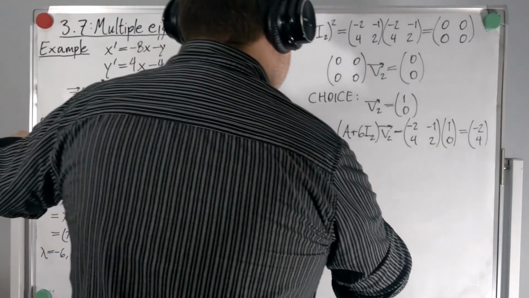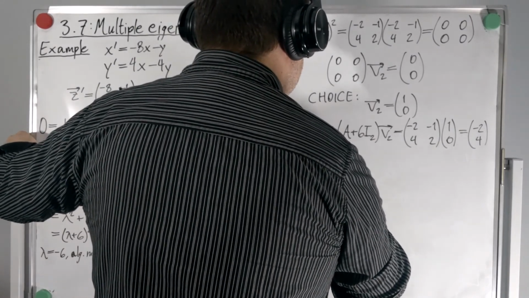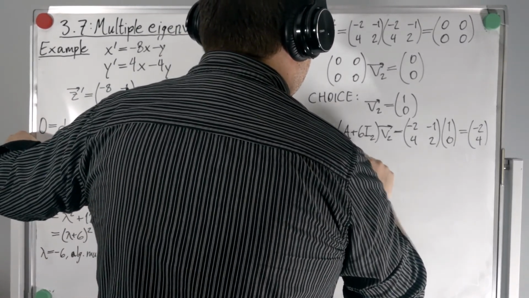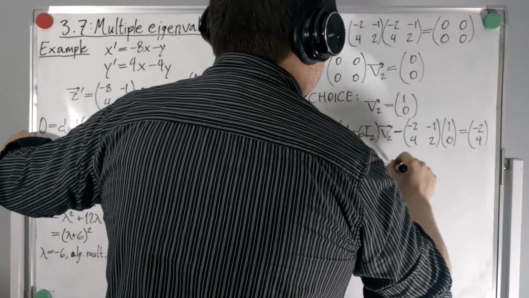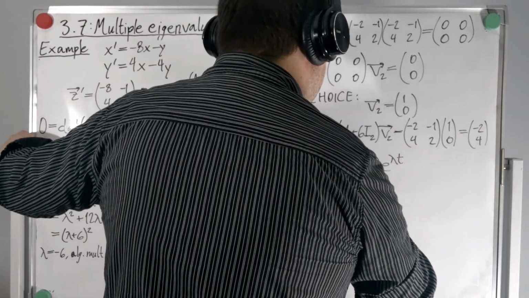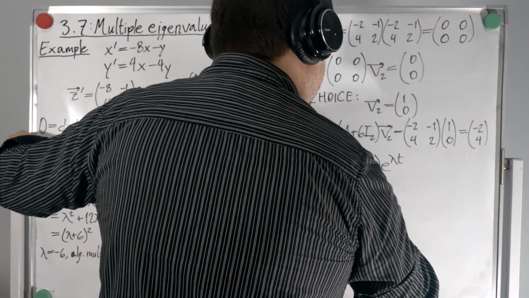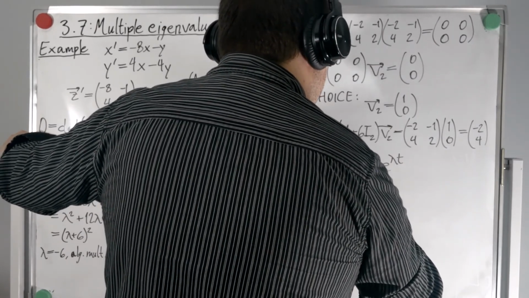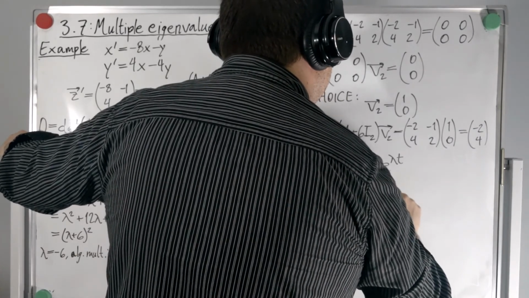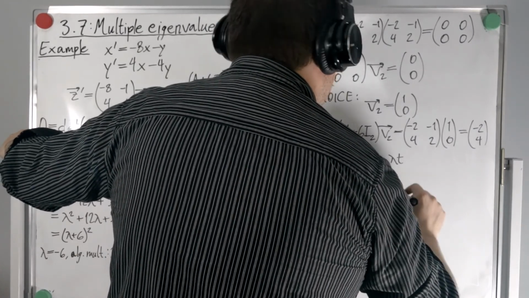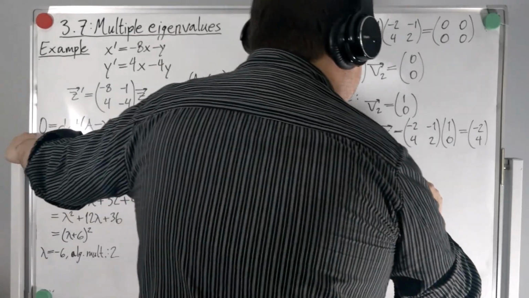Therefore, the second basis solution is going to be (v1 t plus v2) times e to the lambda t. That will be (-2, 4) times t plus (1, 0), e to the negative 6t.